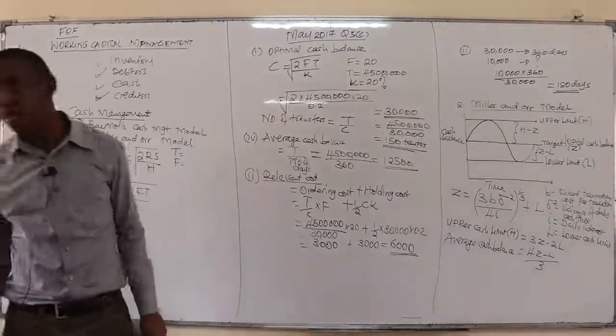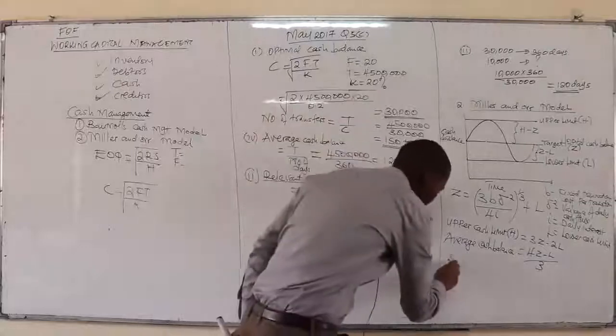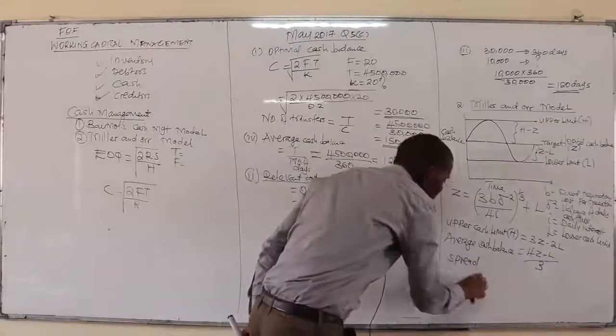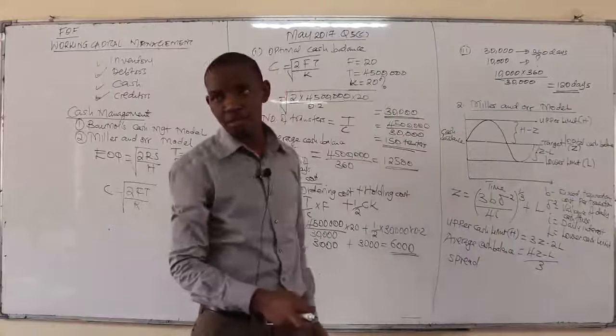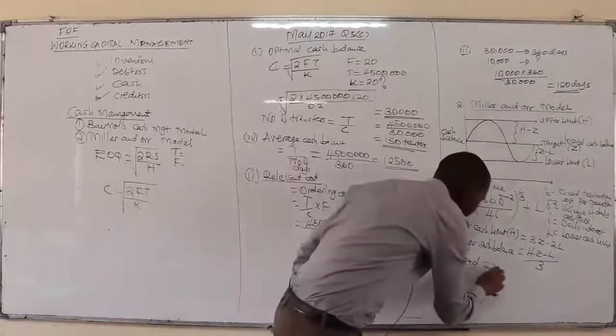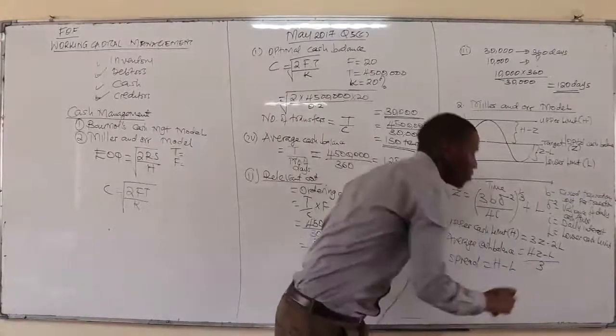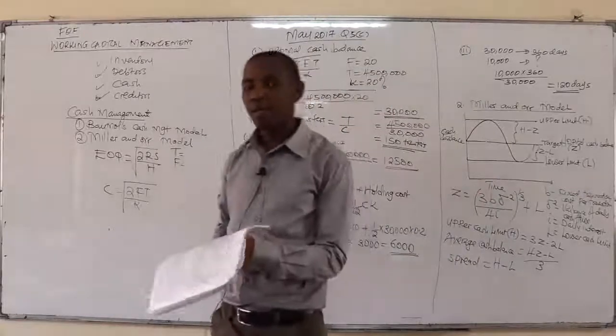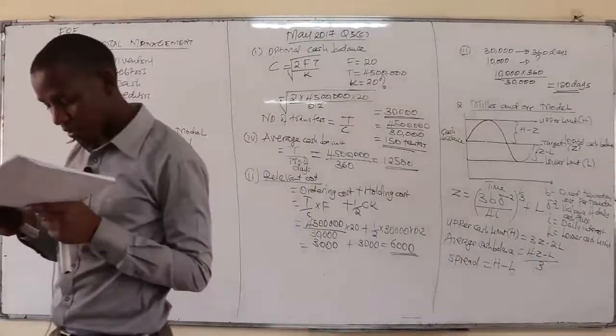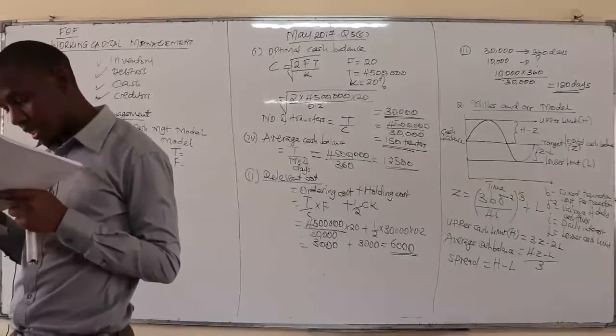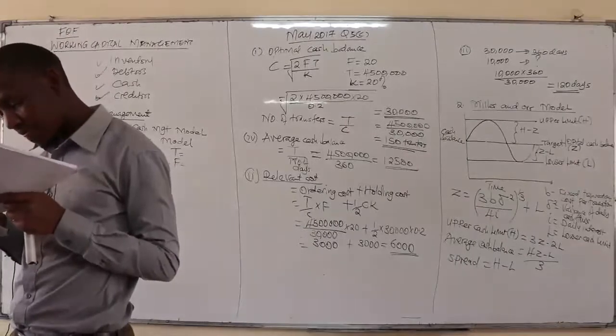Then the last one was on the spread. The spread is just the difference between the maximum and the minimum. So in that case, he said you take it by getting H, you minus the L. H minus the L.